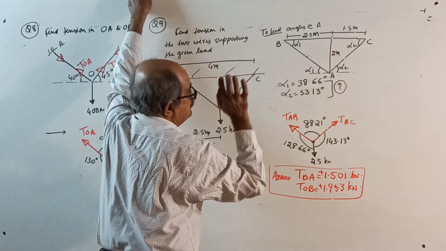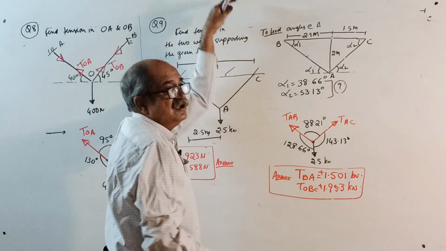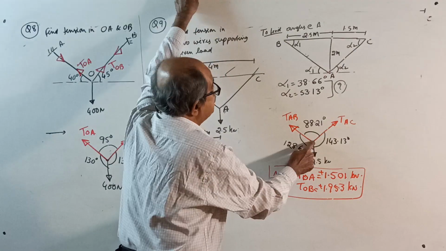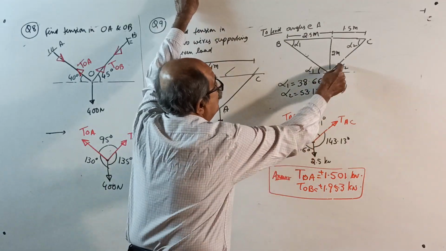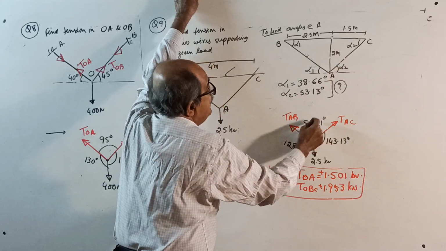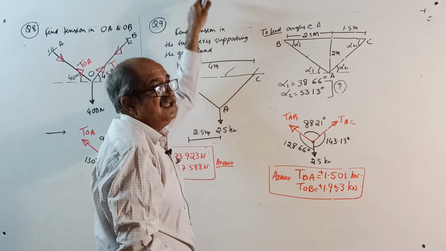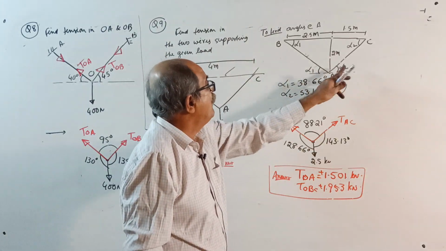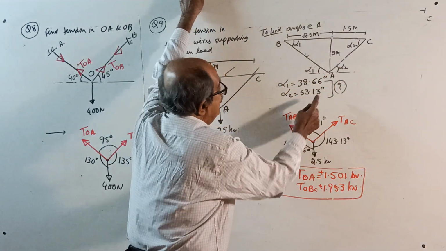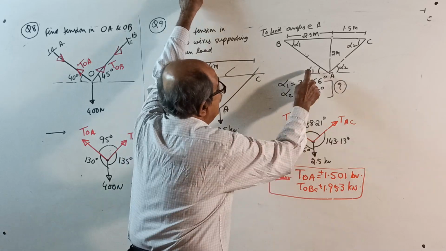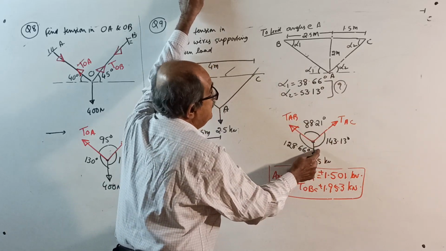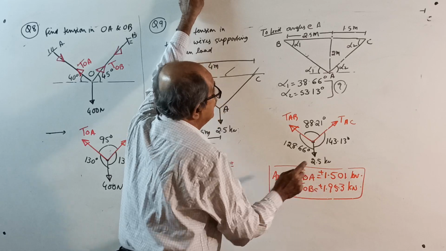Get the two angles. Then put the sketch. This angle is 180 minus the sum of alpha 1 and alpha 2. This angle is 90 plus alpha 1. This angle is 90 plus alpha 2. Apply Lami's theorem and get the answer.